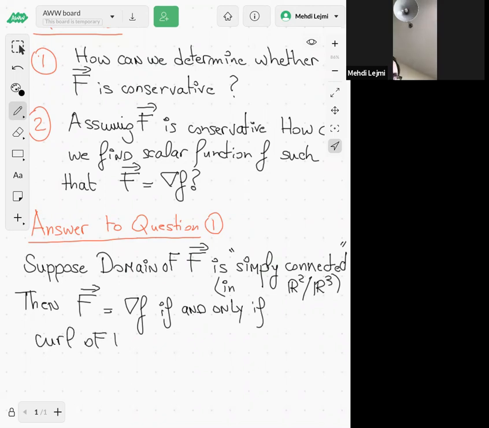The curl of F is just the cross product of the del operator, the nabla, with the vector field F. So we need this curl to be 0. The cross product gives you a vector, so we need the curl of F to be the 0 vector, at all the points of course, of the domain.